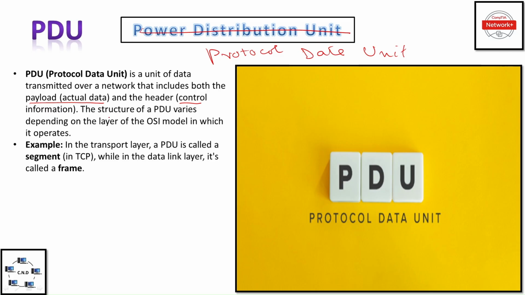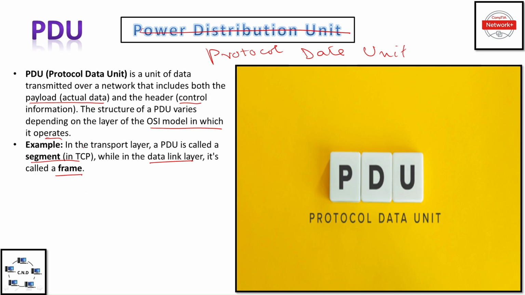The structure of a PDU varies depending on the layer of the OSI model in which it operates. For example, in the transport layer, a PDU is called a segment in TCP, while in the data link layer, it is called a frame.